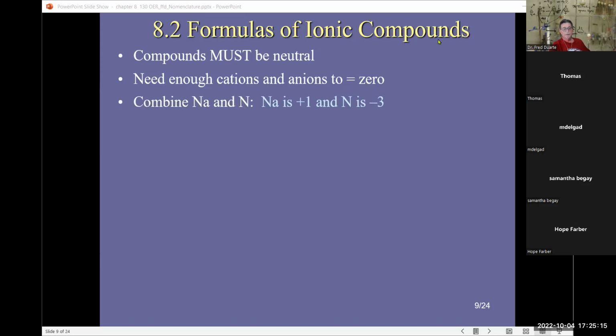So you might be given a question that says combine sodium and nitrogen, right? So here's the nitrogen. Well, what we need to do is convert those elements first into ions. We know that sodium is in group 1. So sodium as an ion will have a +1 charge, okay? We look for nitrogen. Nitrogen's in group 5.